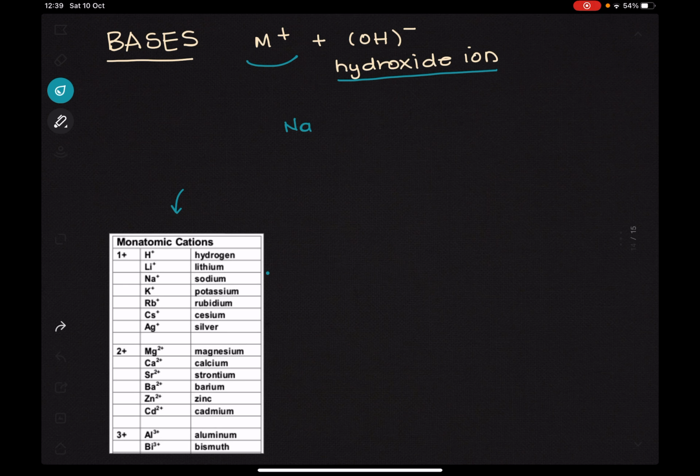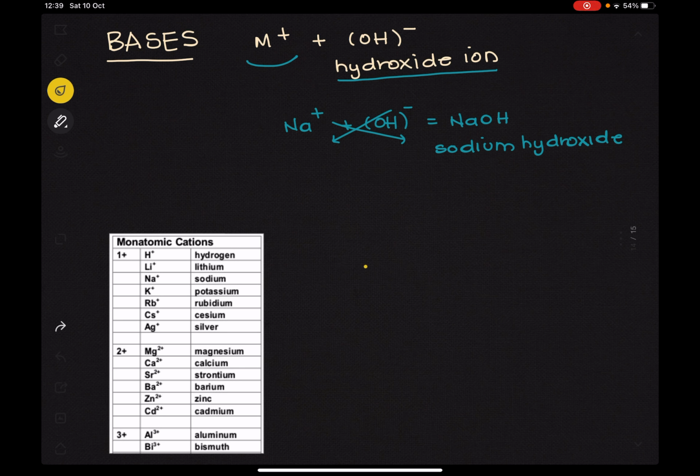I have sodium, which is a +1, plus the OH minus. I cross them, so I have NaOH, and this is going to be sodium hydroxide. So just like we did before, we do not change the name of the metal. We just add the name of the negative part.